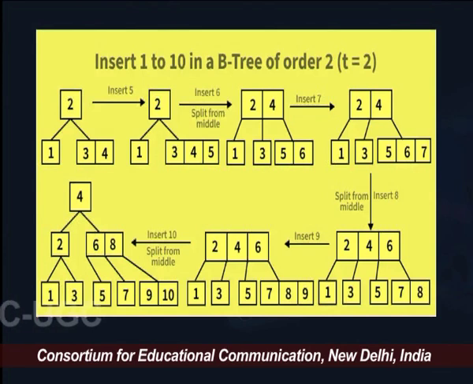In order to understand this concept very clearly, we will be looking into one more example of this. First of all, in order to insert elements into any B tree, we should have a very clear idea about the maximum and minimum number of keys a node can hold depending upon its order.